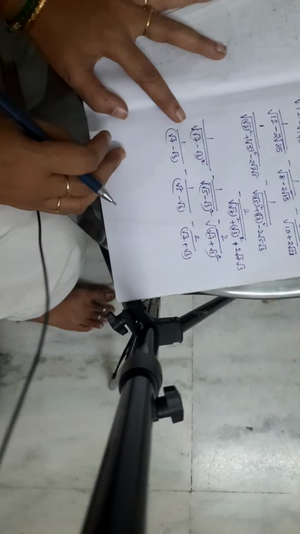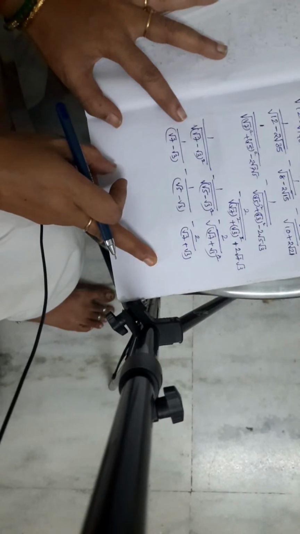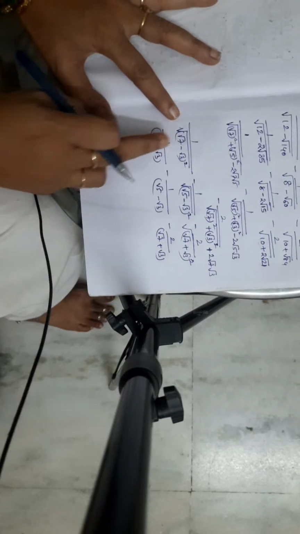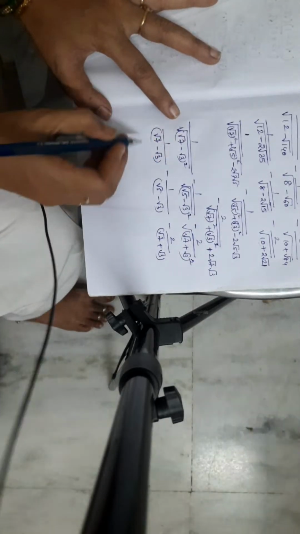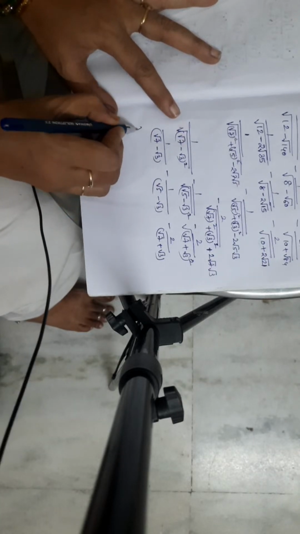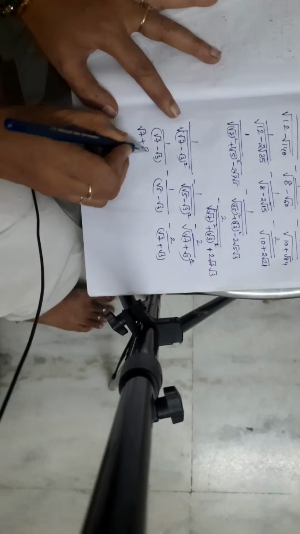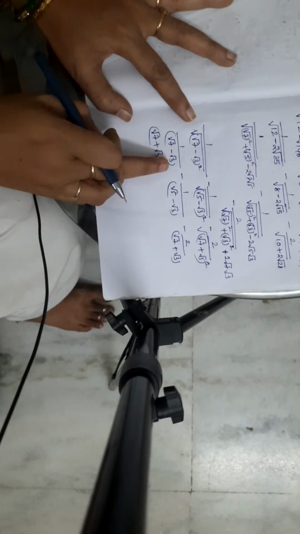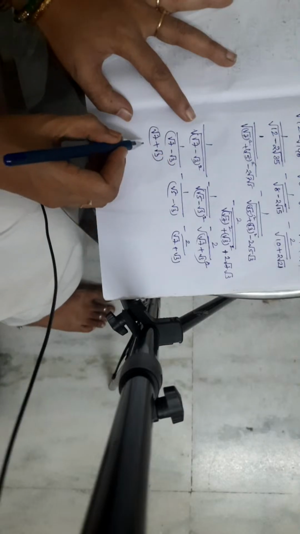Now if you recall, the next step is we need to go for rationalization. And what is rationalization? We need to multiply by the opposite sign of this. So here root 7 minus root 3 is there, so we are going to multiply by root 7 plus root 3. So the opposite of this is taken here. Here it will be 7 minus 3, which is 4.